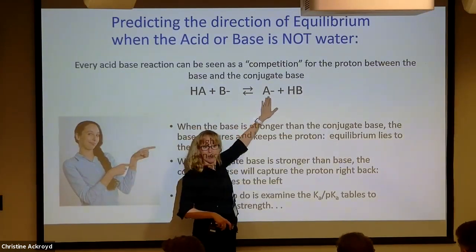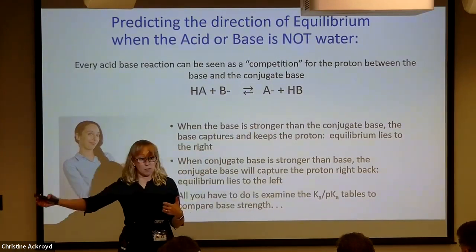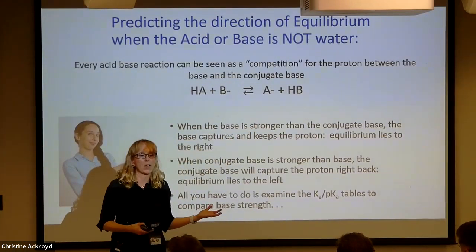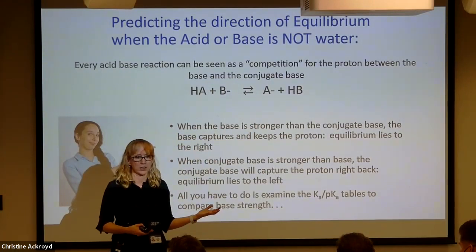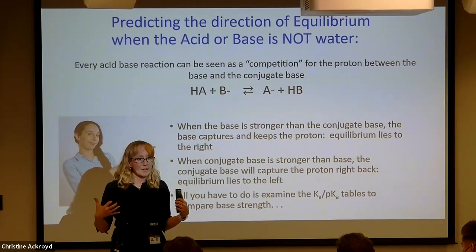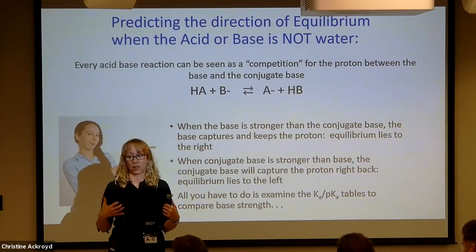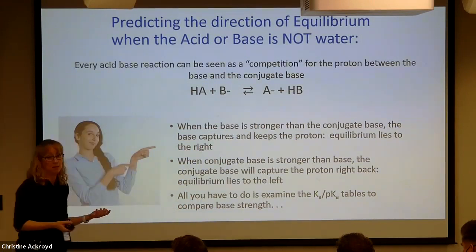Or is the conjugate base stronger? And whichever base is stronger, whether it's on the starting material side or the product side, what will that do to the reaction? The stronger base will grab the proton and keep it, which does what to the equilibrium? Pushes it to the other side.